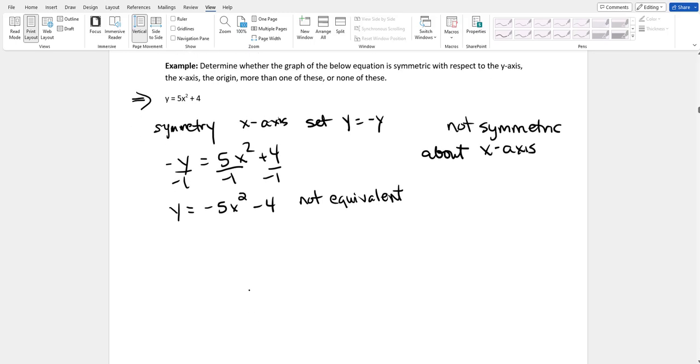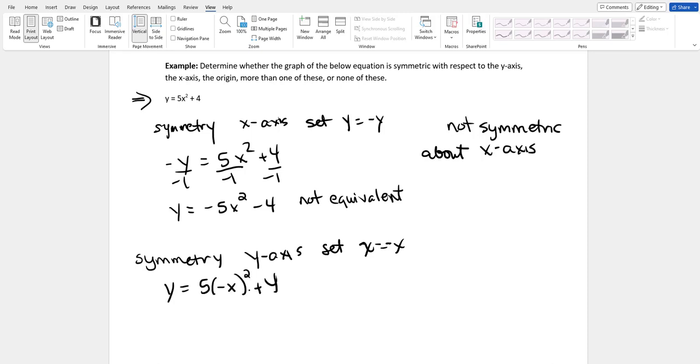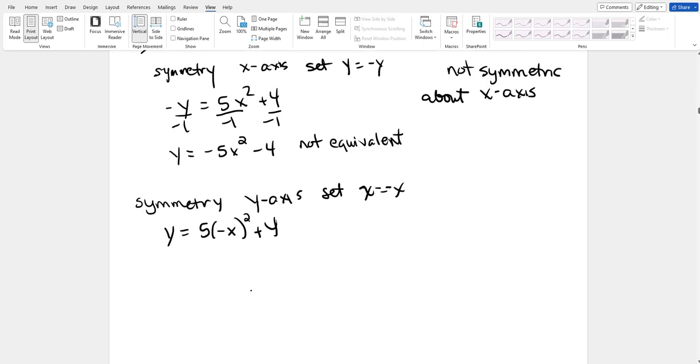This gives me 5x squared plus 4. As you can see, this is equivalent to my original problem of y equal to 5x squared plus 4. So it's equal to this. Since it's equal, we can say that this is symmetric about the y-axis.